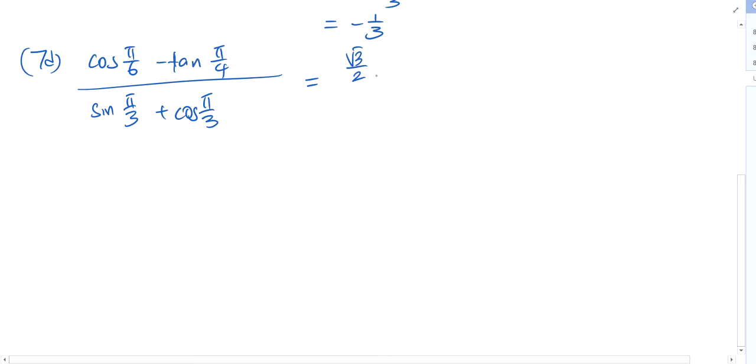Square root 3 over 2 minus tangent pi over 4, 1, over sine pi over 3, root 3 over 2, plus cosine pi over 3. I hope you can tell that I really didn't memorize these values, because it's not necessary. You can just get these values from a calculator.